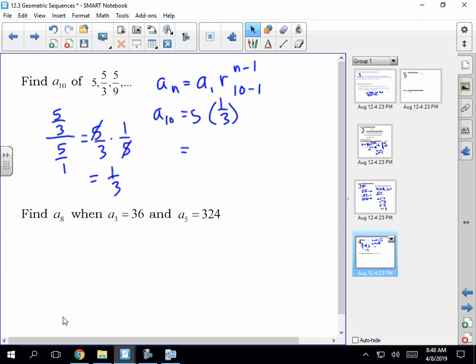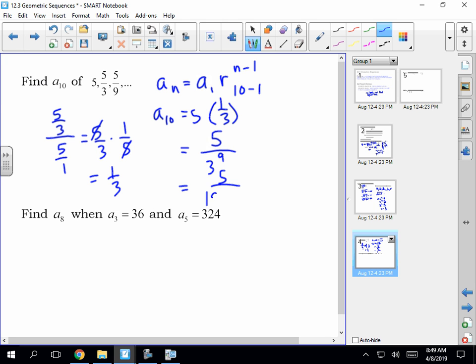Write that on there. I did it this way, so it kept the 5 up at the top, and then 3 to the 9th. And then 3 to the 9th is 19,683, yeah. So 5 over 19,683, then you have it in fraction form. So that's finding the 10th term.